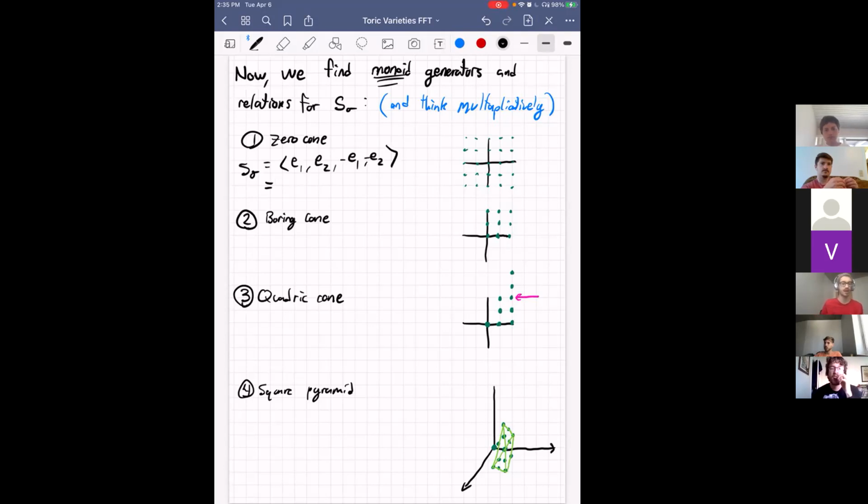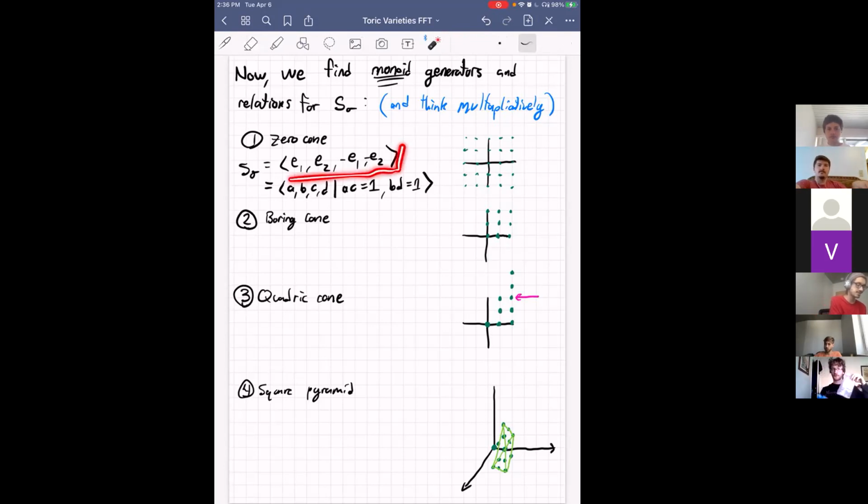And so I can write that down abstractly as A, B, C, D, subject to the relations A times C equals 1, and B times D equals 1. Okay, so I took a jump here, and that jump was from additive to multiplicative notation. The whole point of this construction was to get me some good way of having these relations right here. Those yummy relations are sort of what I'm after.